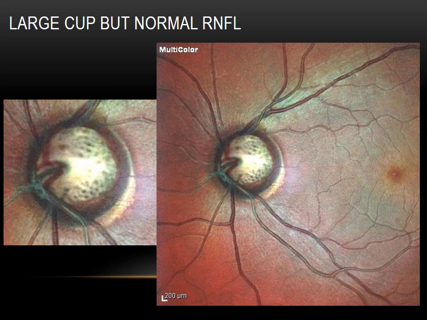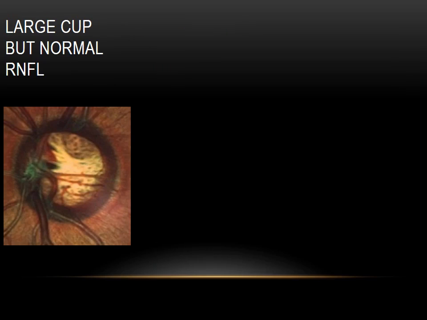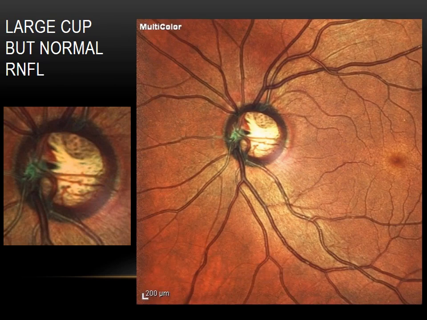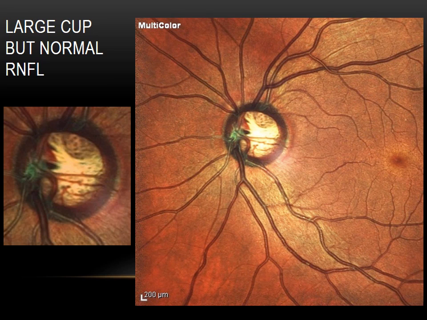Another example where there seems to be a notch in the lamina cribrosa in a large cup, which is deep as well, shows us that indeed there is no nerve fiber layer loss corresponding to that area, confirming that this patient is still having physiologic cupping.